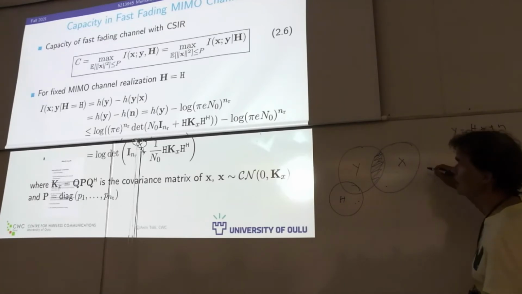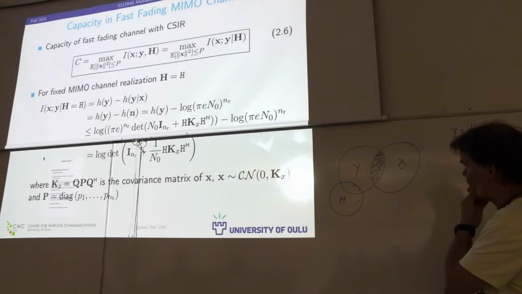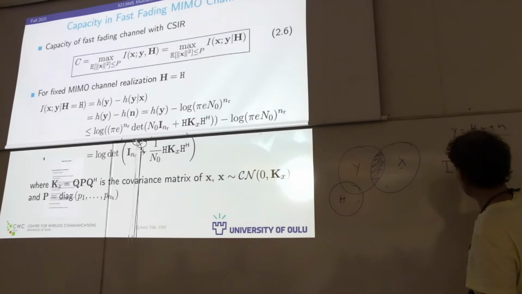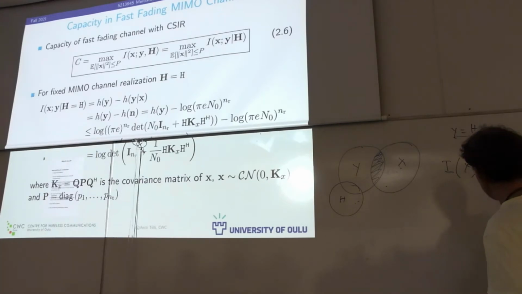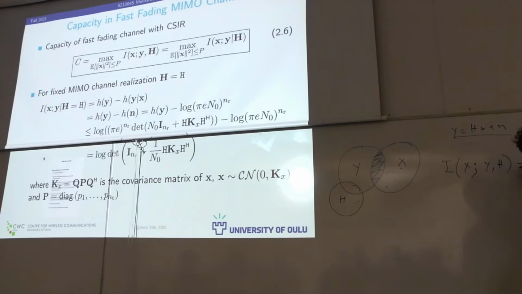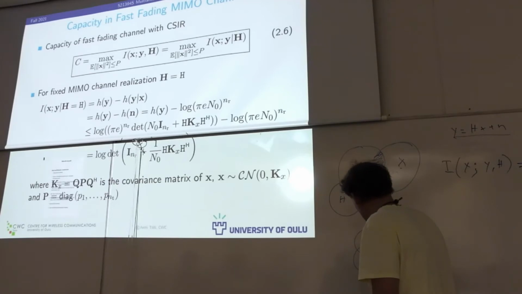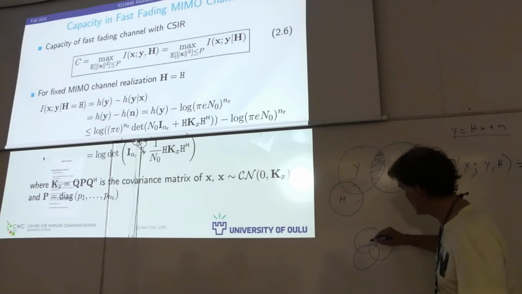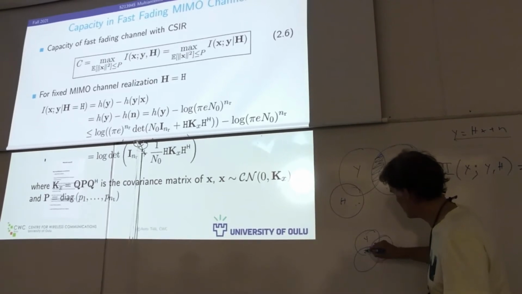So we can now consider X, Y, and H to be random variables. We can look at what could be the relation between X and the joint distribution of Y and H. Right? So in general, we can express, if we have, let's say, Y, Z, right?